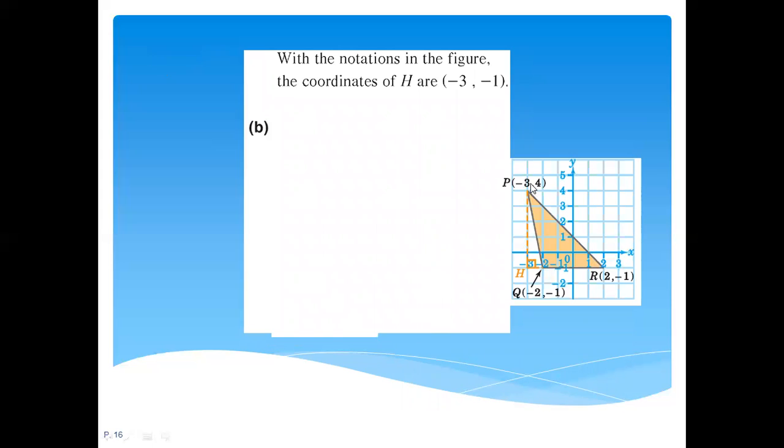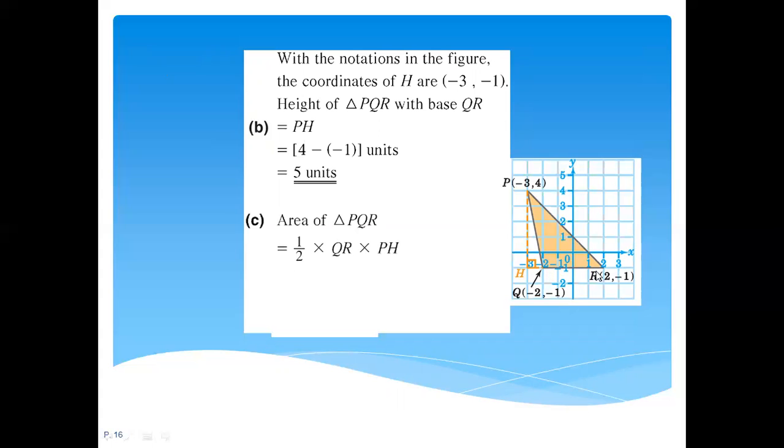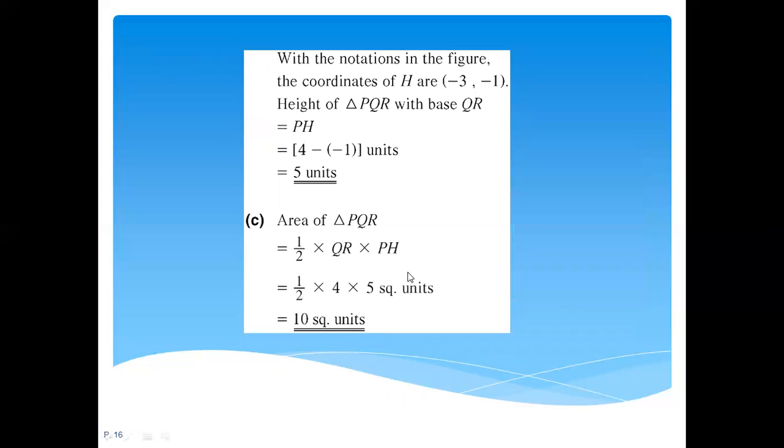Then the height is PH. So you use the coordinates. H is this one, P is that one. So the height is 4 minus -1, which is 5 units long. And area is base QR times the height PH over 2. So you have the answer.